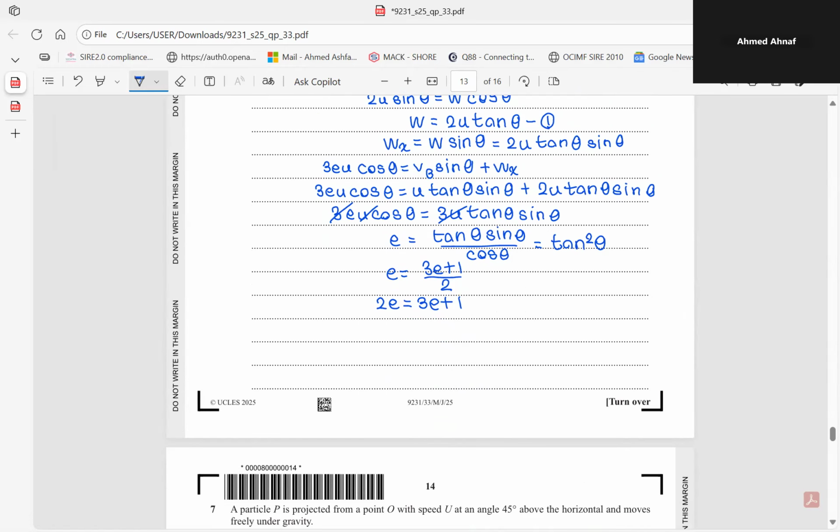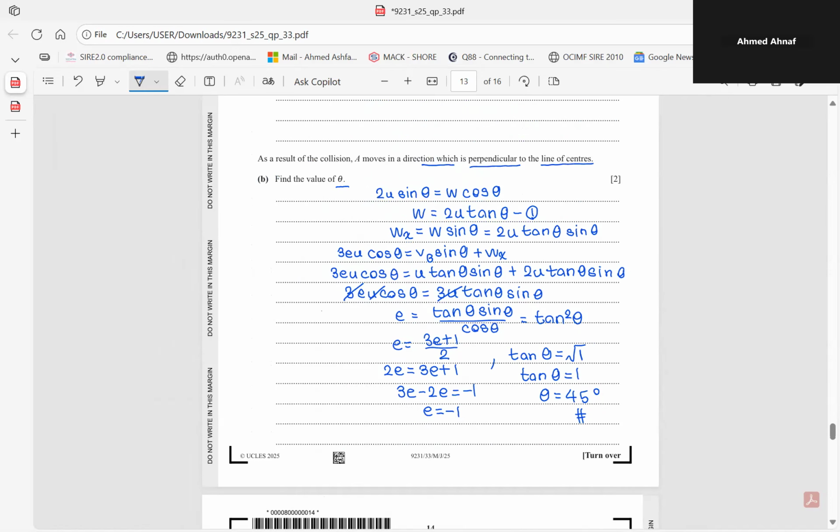So you get 3e minus 2e equals minus 1, and then you get e equals minus 1. Hence you'll get tangent theta equals square root of negative 1, but let's just write negative 1, so you get tangent theta equals 1. So theta would just be 45 degrees. So this is the final answer for this part, as well as the entire question. Theta equals 45 degrees.